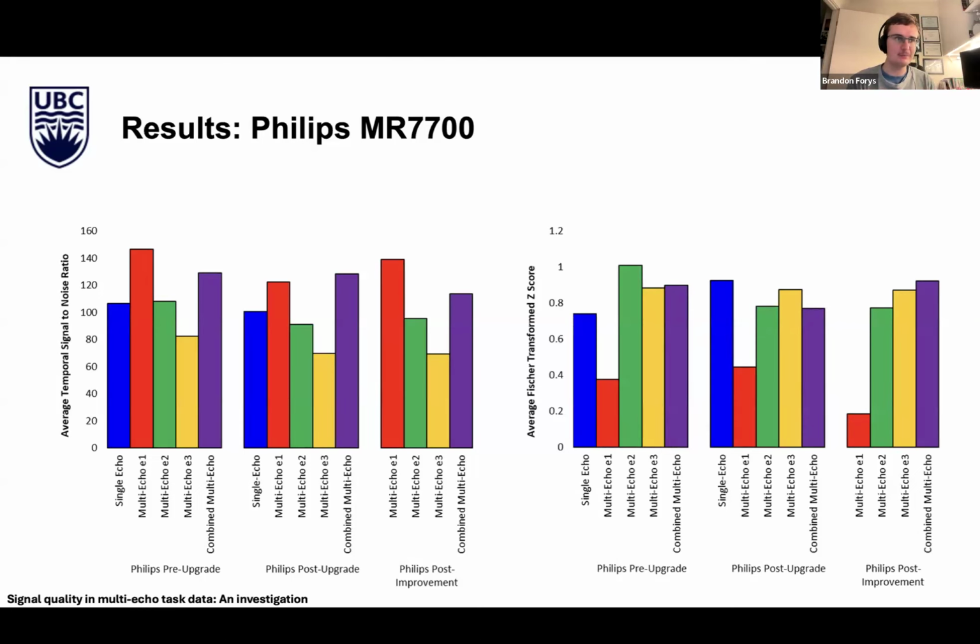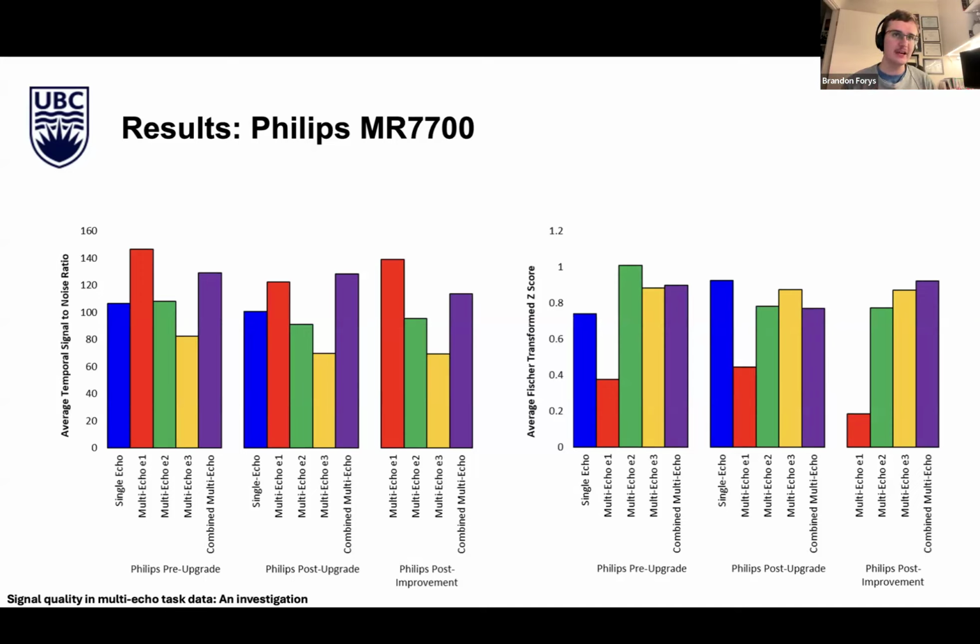Maybe that's to be expected, because while there's a high signal to noise ratio, the BOLD activation has not yet peaked, so this is not being picked up effectively in the first echo. But the second echo, and to some extent the third echo, are effectively retrieving and showing these networks that are associated with this working memory task.